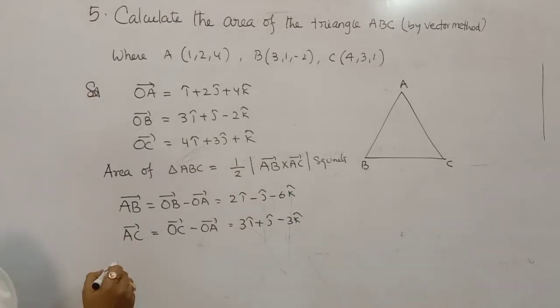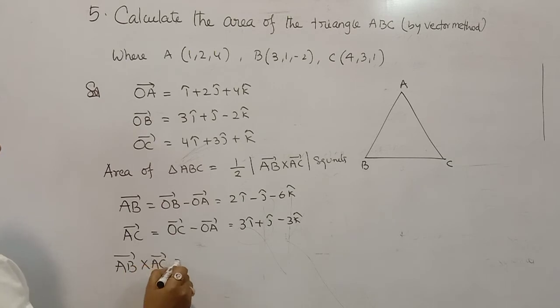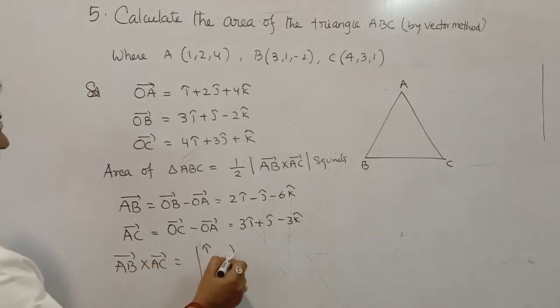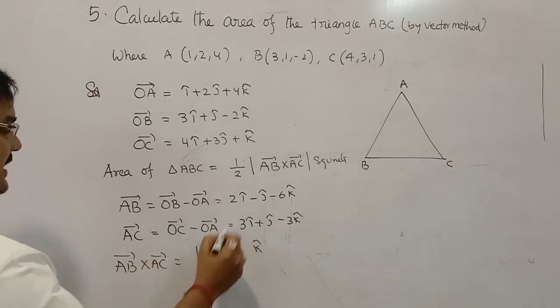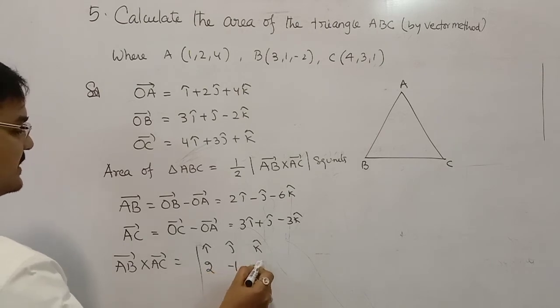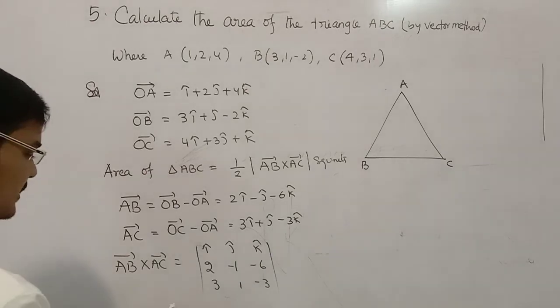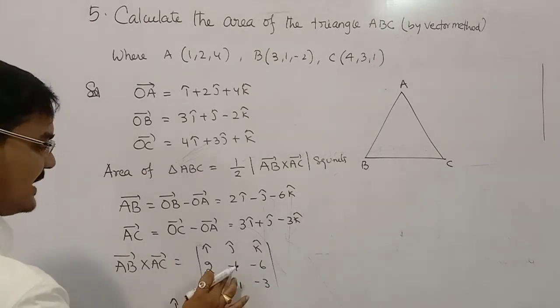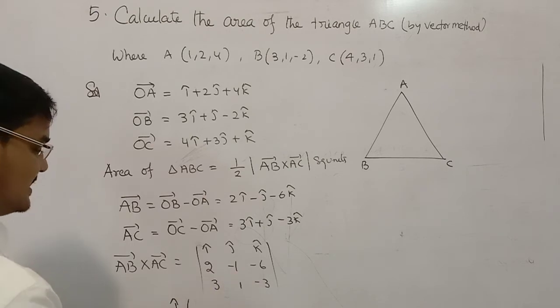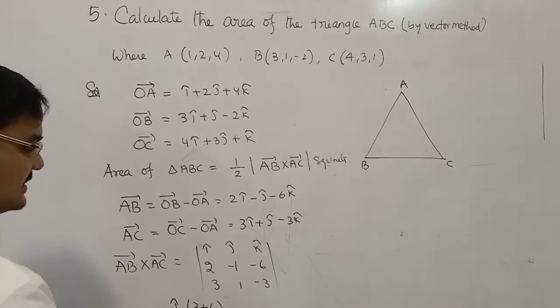After that, what do you need to find? AB bar cross AC bar is equal to the determinant of i, j, k, 2, minus 1, minus 6, 3, 1, minus 3. Okay, go for that. i into minus 1 into minus 3 is plus 3, plus 6.